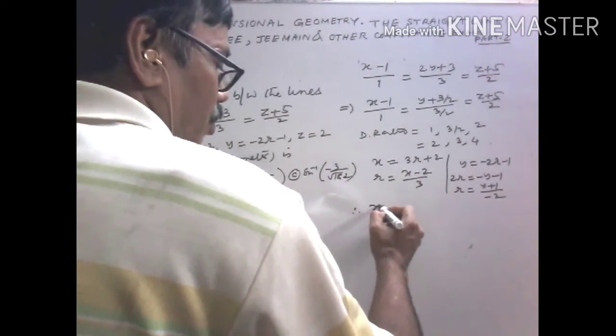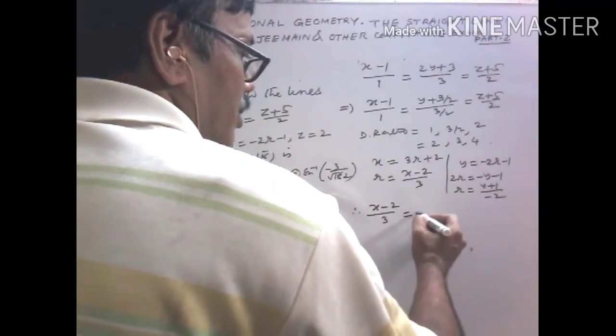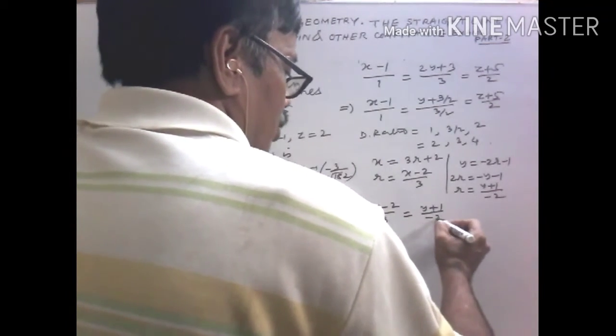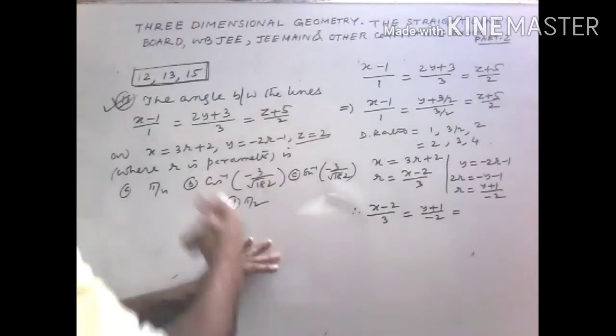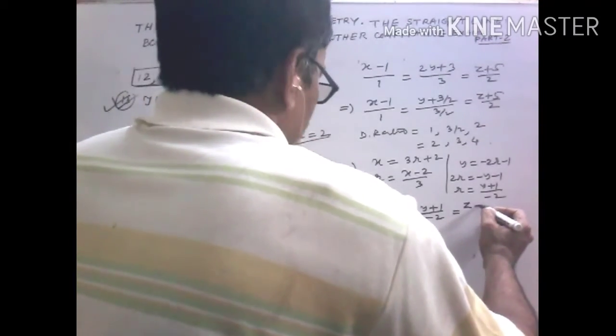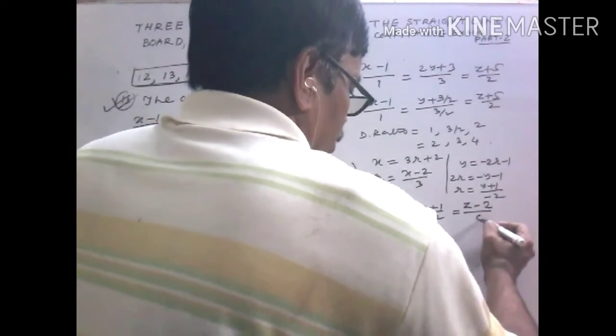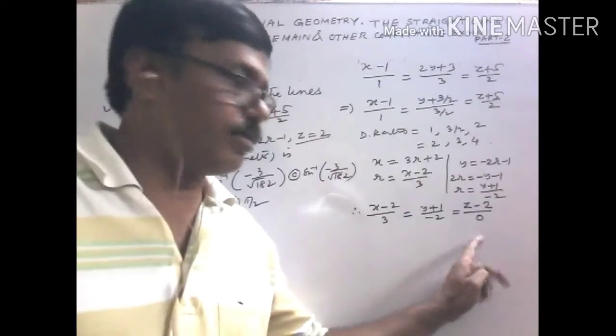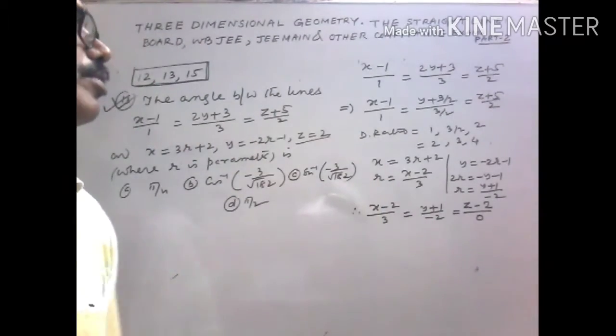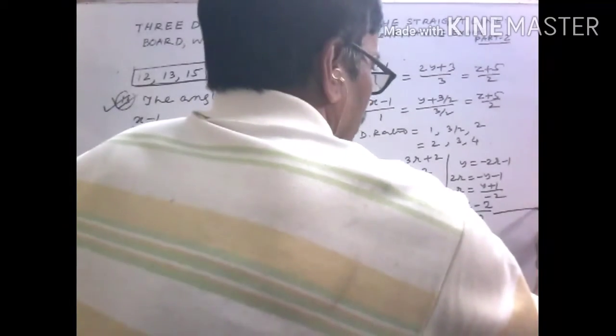So it is in symmetric form. And z equals 2, as we have already discussed, so z minus 2 by 0. So you consider the first and last, you get z equals 2.